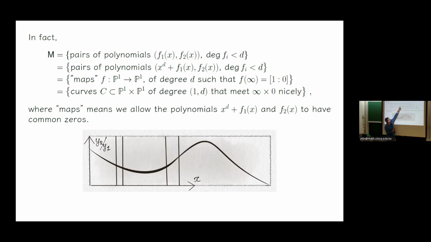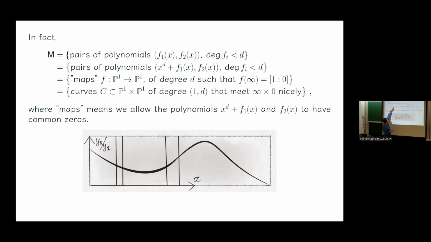The reason I put this x to the d is that I can fix this coefficient of x to the d to be 1, so I might as well consider this thing up to a multiple. First put a non-zero coefficient and then consider it up to a multiple. A point in projective line P1 is a pair of numbers up to a multiple. So a pair of polynomials up to a multiple is a map to P1.